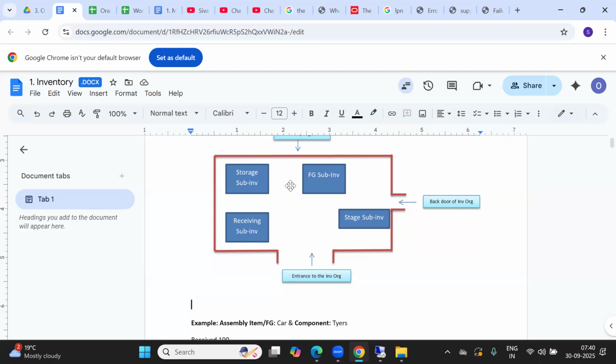You have this many positions in a very big organization, and you can't use the sub-inventory transaction to simply transfer the quantity.